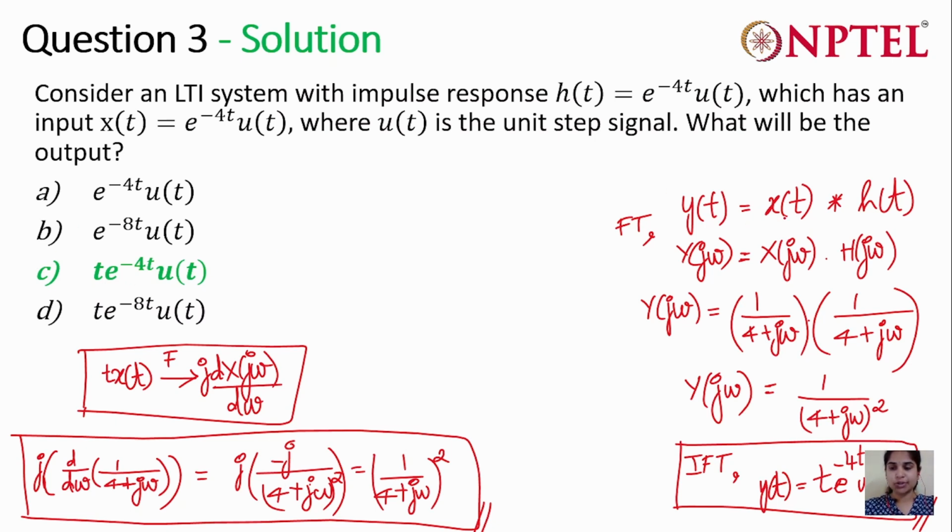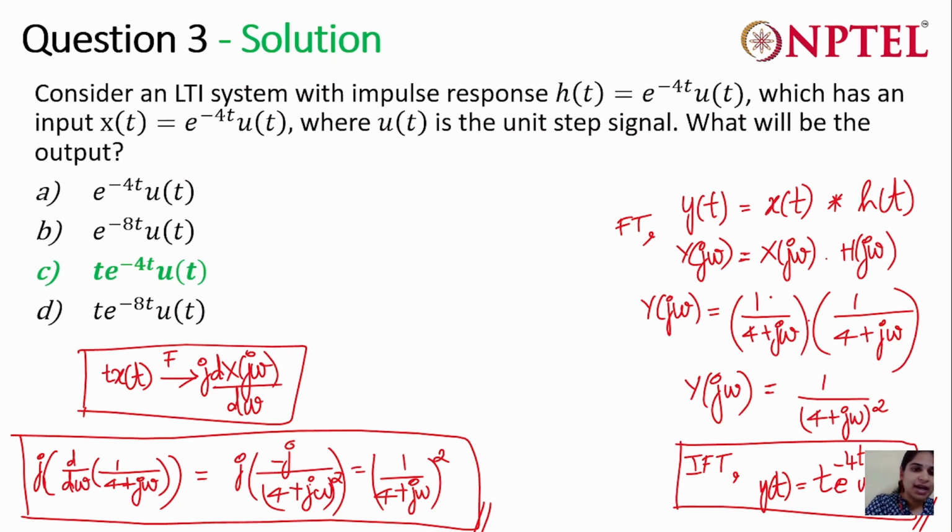Y of t is x of t convolved with h of t. In Fourier transform, it's the product of the Fourier transforms of the input and impulse response. Now, what is the Fourier transform of e power minus 4t into u of t? It is 1 divided by 4 plus j omega.